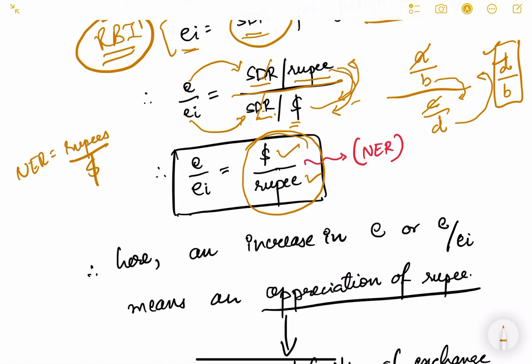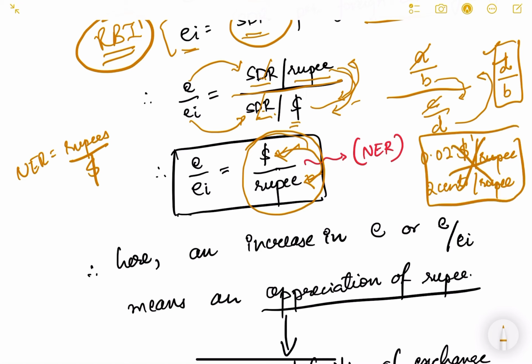But here, because of the way we define exchange rate, the definition becomes reverse: dollar per rupee. How many dollars per rupee? For example, $0.02 per rupee, or 2 cents per rupee. This is not a layman's definition, but the RBI uses this definition only.